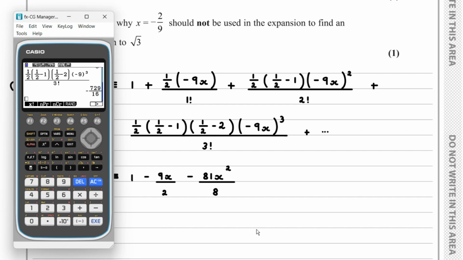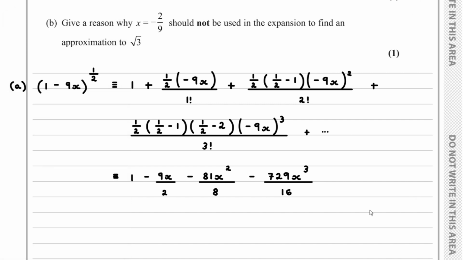So for the fourth term, we have negative 729x cubed over 16. And then we add on the higher order terms.